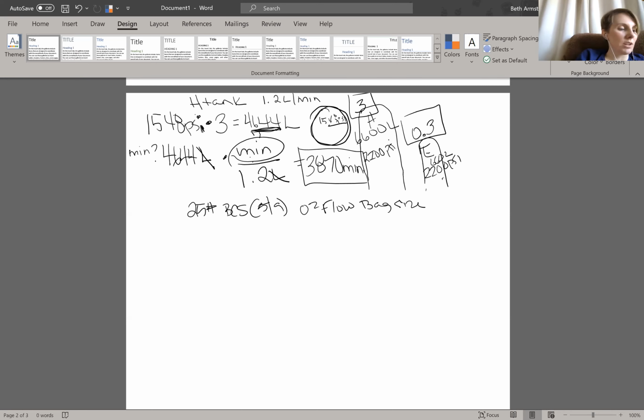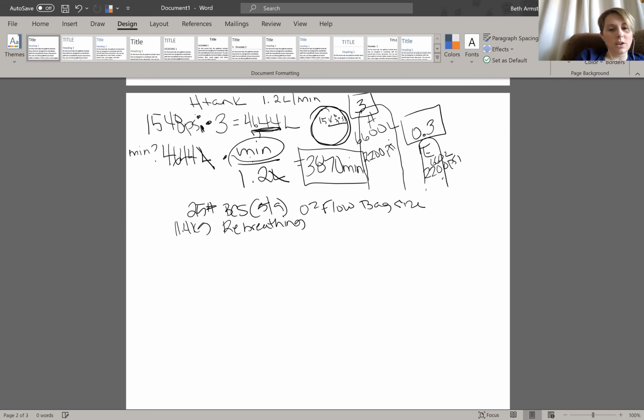How much does this patient weigh? 11.4 kilograms. So are we going to do rebreathing or non-rebreathing? Rebreathing. Okay, over 7 kilograms.